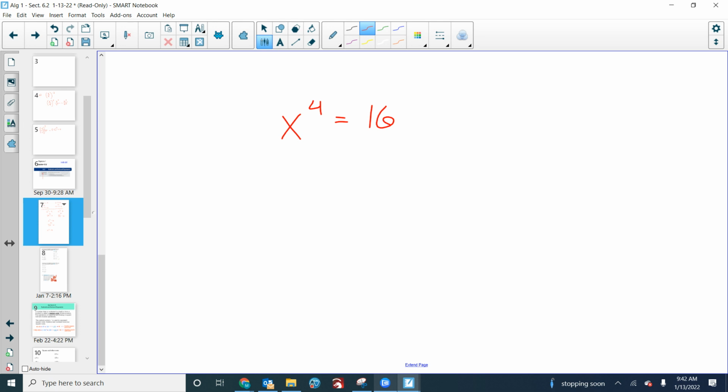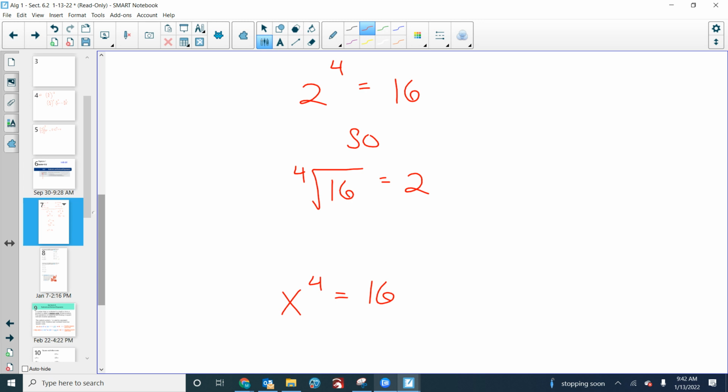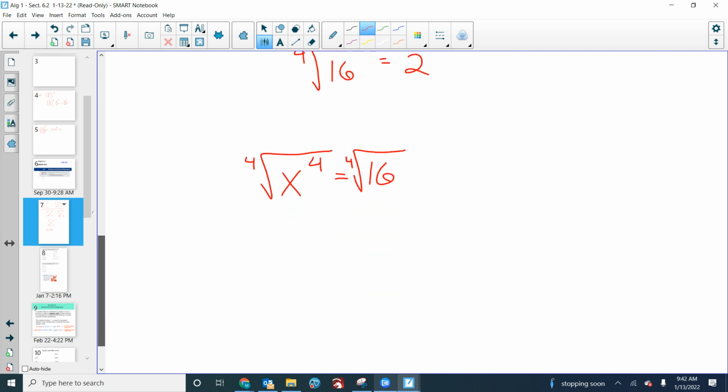What undoes a fourth power? A fourth root undoes a power of 4, doesn't it? Didn't it get us back to where we started? And if I fourth root this side, I have to fourth root that side. Now here's the question. What does this look like?